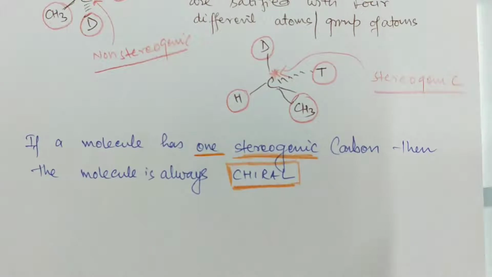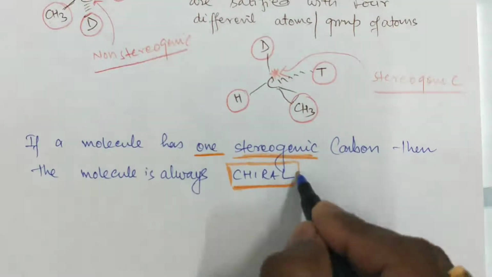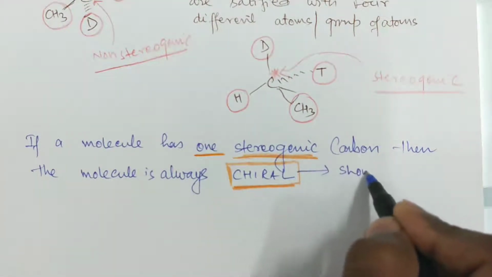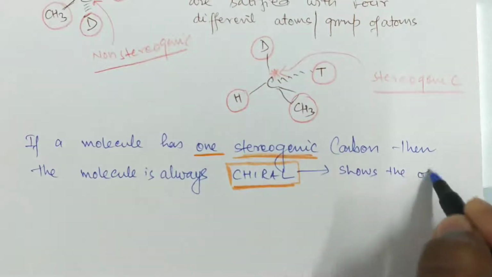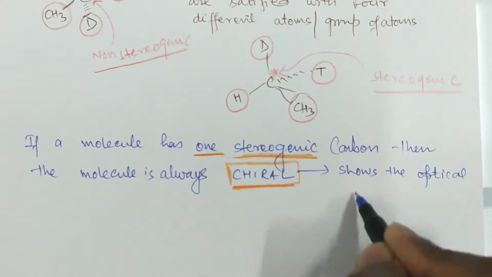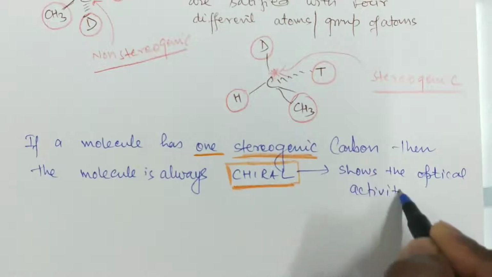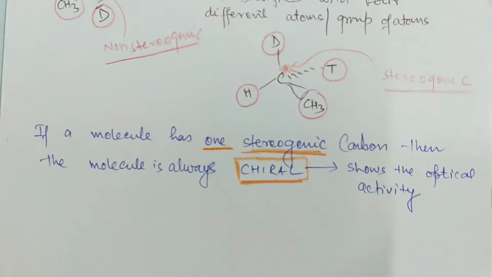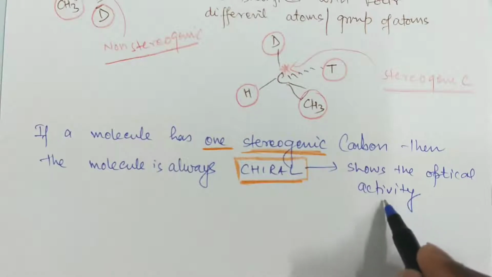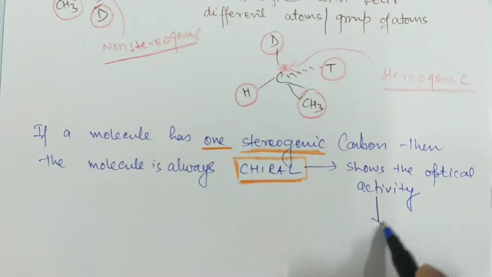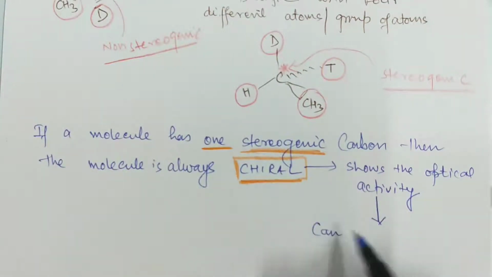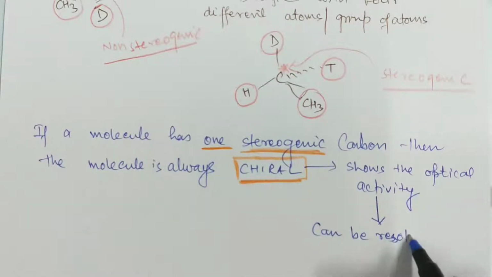Chiral means it shows optical activity. Optical activity means, another meaning, that the molecule can be resolved into D plus and L minus, right?